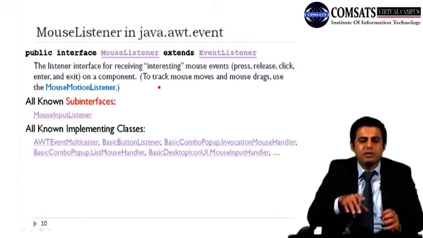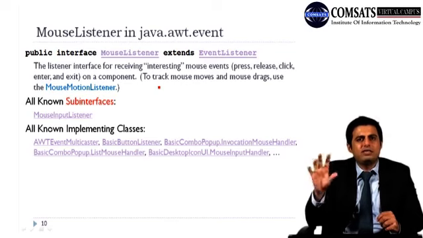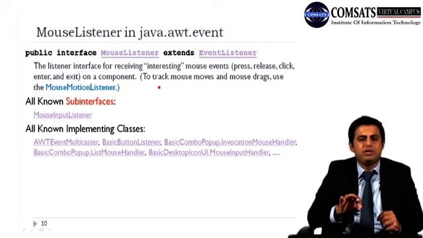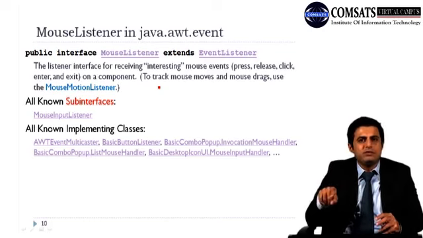Now this particular interface is extending event listener. It means that whatever methods are there in the event listener, this interface is going to have them. Even if there is no declaration of these methods in this particular interface, even then the implementing classes will have to implement all those methods of the event listener, because event listener is the parent.